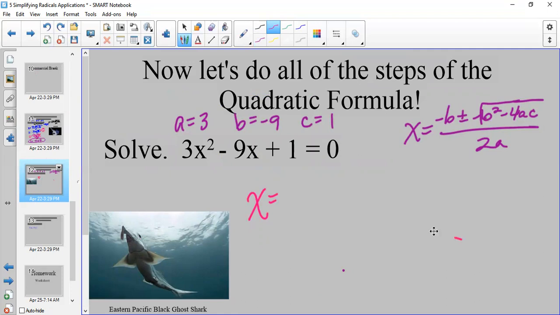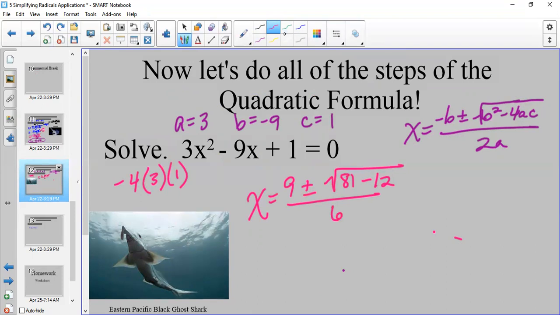So negative b, since our b is negative 9, we're going to make it positive 9. b squared, negative 9 times negative 9, is 81. And out to the side, I'm going to do negative 4 times a times c, and that would give us negative 12 there. All over 2 times a, which is 3, so 2 times 3 is 6.